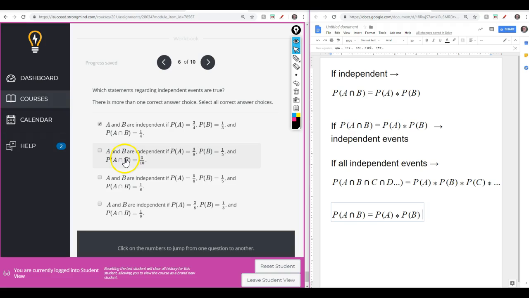So then we can go back and check again. The probability of A and B is 3/10, the probability of A is 3/8, and the probability of B is 1/5. So let's check to see if 3/8 times 1/5 comes out to be 3/10.